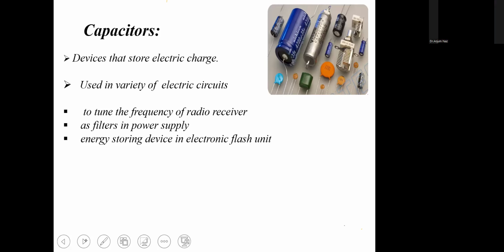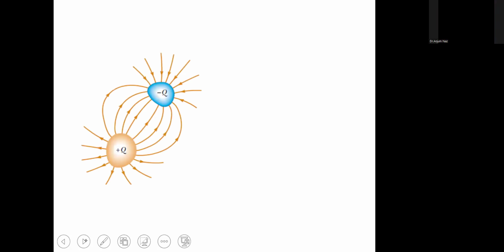A capacitor is an isolated system of two conducting bodies that are separated by some distance in space, and these conductors may be of any shape or size.